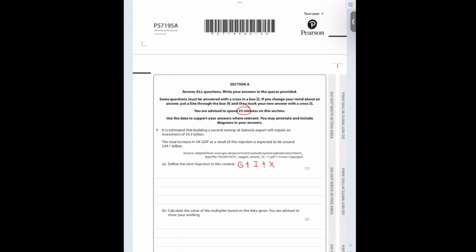So in this case, we have the injection of government spending, but a really simple way just to define injection in this context is government spending or money that is flowing into the circular flow of income.